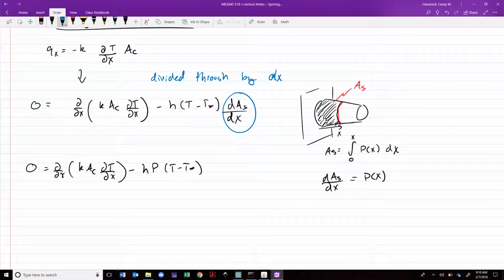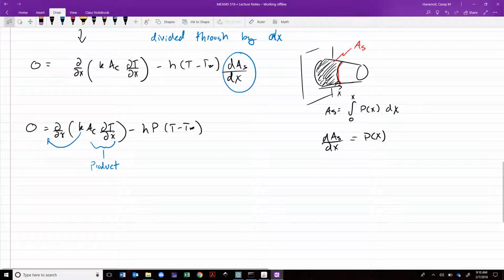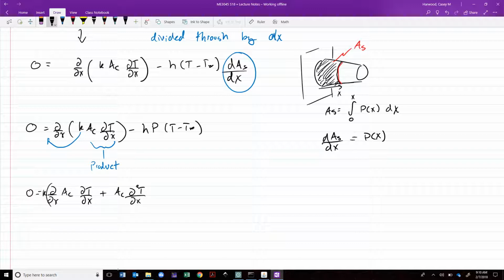On this, we're going to assume that k is constant, so k can come outside, and then we're going to apply the product rule to the argument of this derivative. 0 is equal to k times partial x Ac partial T partial x plus Ac partial squared T partial x squared, minus h P times T minus T infinity.